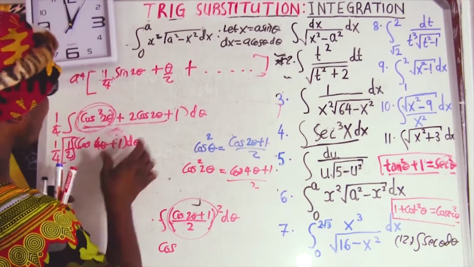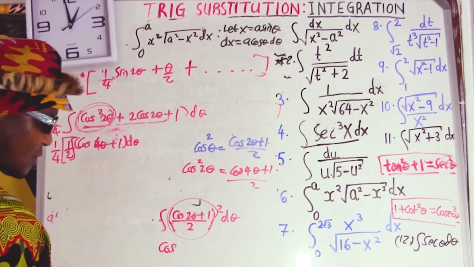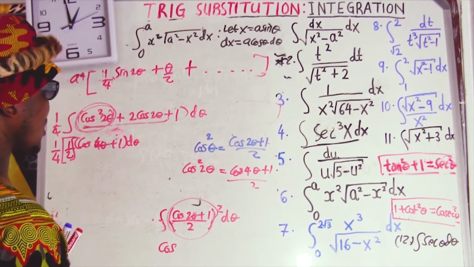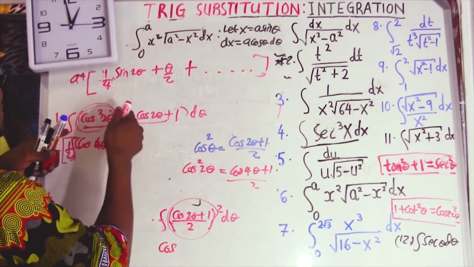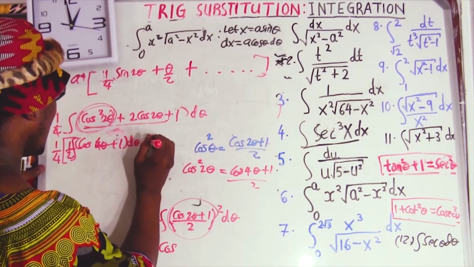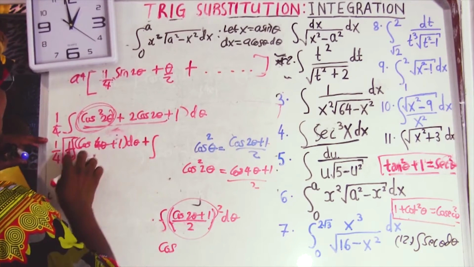Now I count for this one. When you integrate this, it's going to be just like the previous one. We got 2 here.